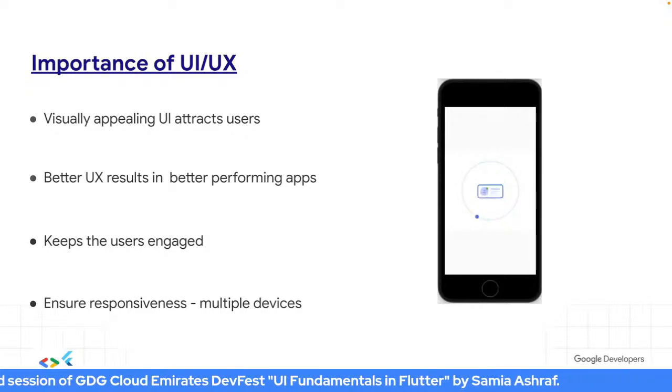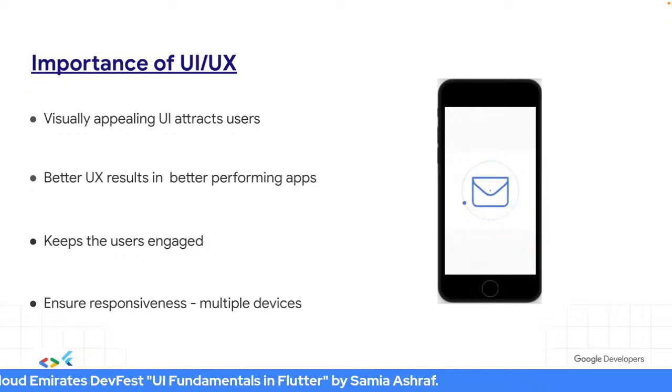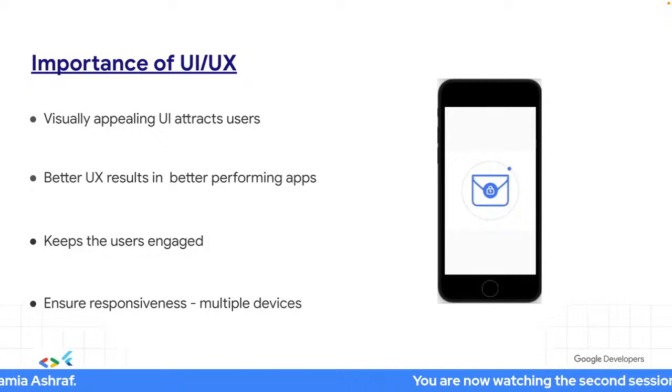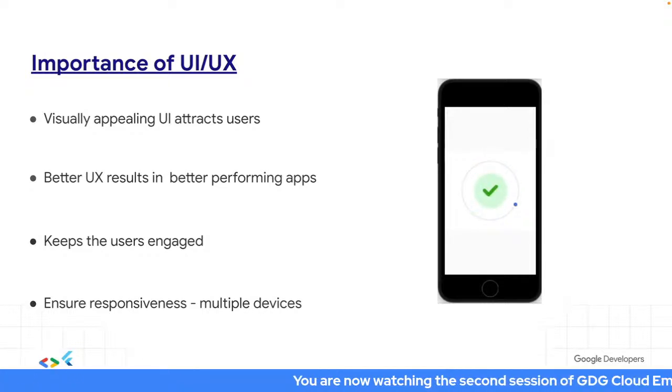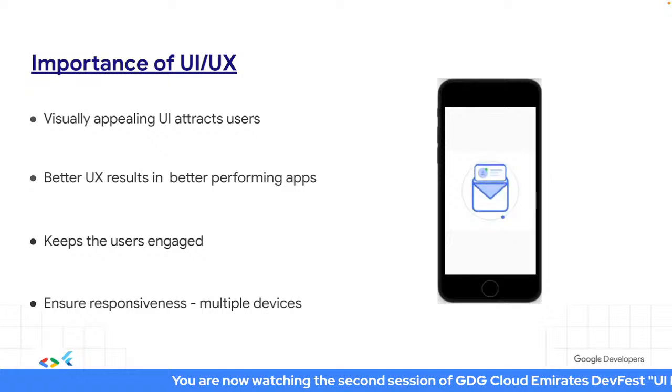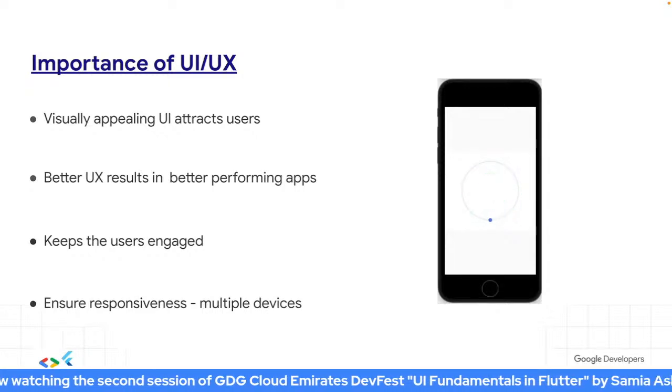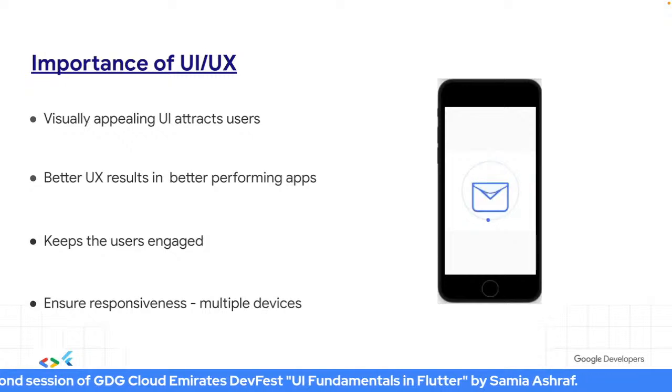Out of personal experience, when I use an application, I expect it to have some good UI, because good UI always attracts the users. Along with that, say I open an application and it has good UI, but not good UX.